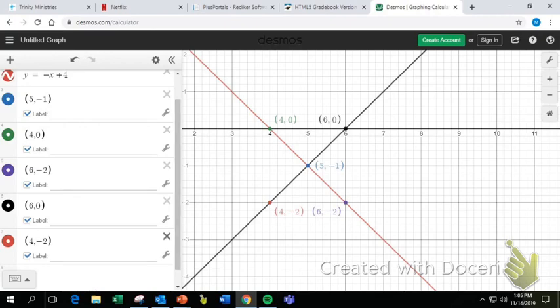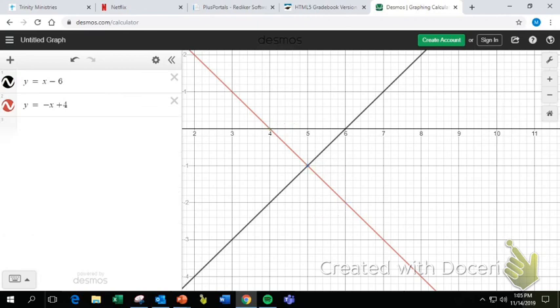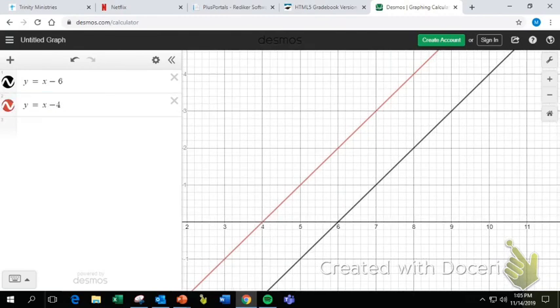Now let's go back and do the second system. The second system only changed in the second equation, right? It became y equals x minus 4. So what do you see or notice about these two lines? The lines don't intersect. They are parallel. Is that going to change the fact that we have to draw them on our graph?